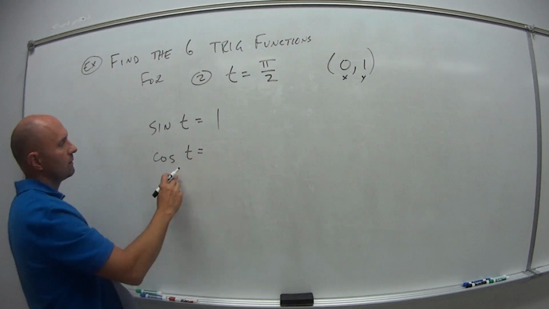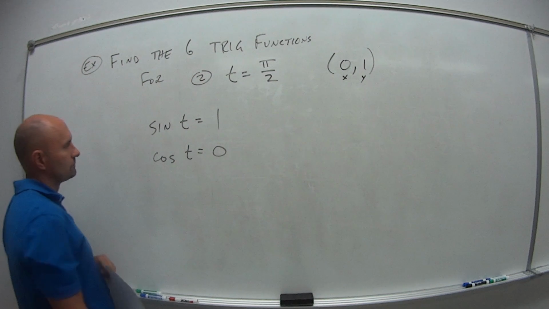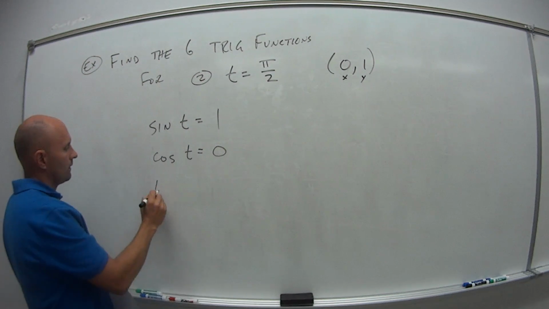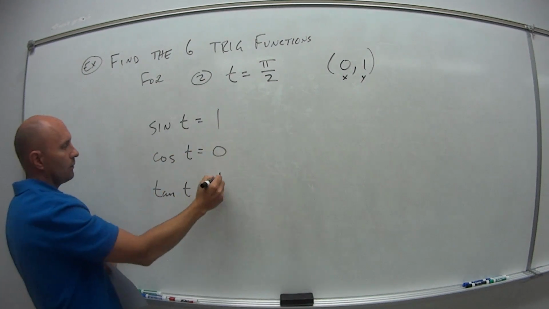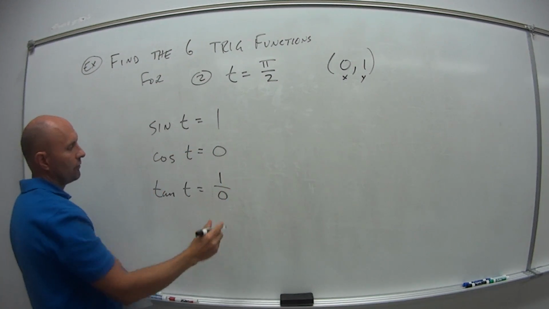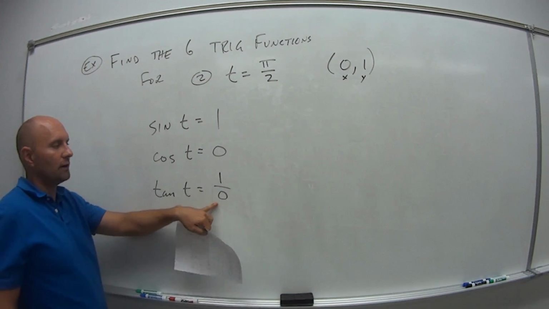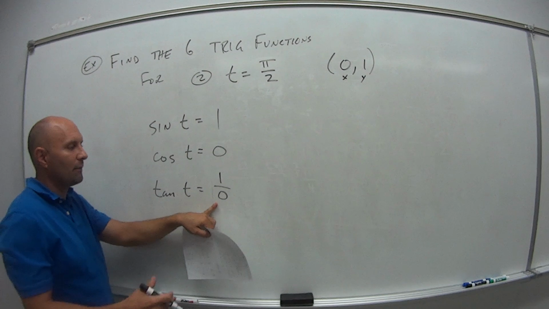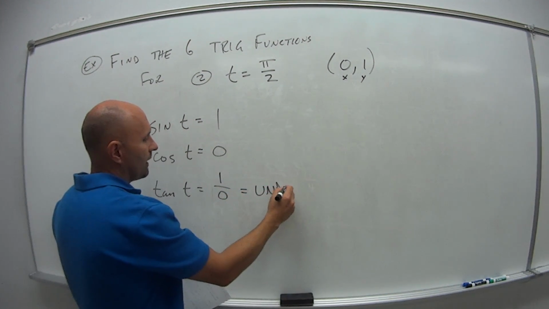Cosine of t is just whatever my value for x is, 0. Tangent of t is y, which is 1, over x, which is 0. Big trouble. Can't have a 0 in the denominator. If we have a 0 in the denominator, this means this one is undefined.